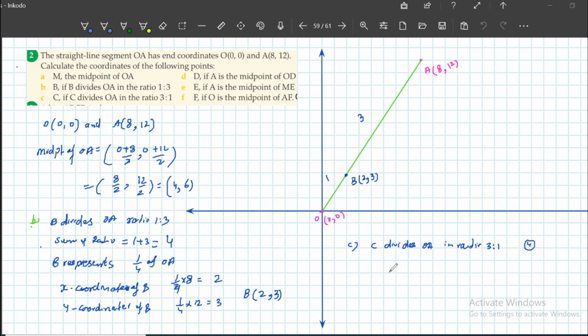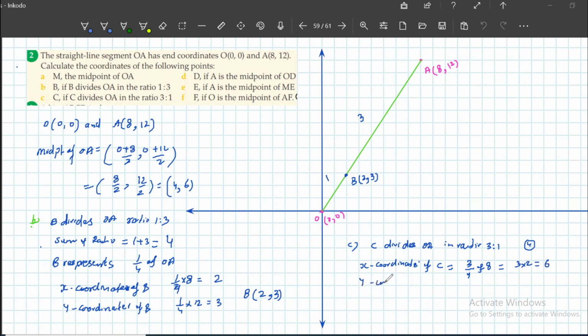So 3 over 4 of, once you try to find the x coordinate of C, is equal to 3 over 4 of OA, which is 8. The x difference is 8. So 4 2s are 8, means 4 can cancel 8. So 3 multiplied by 2, 6.